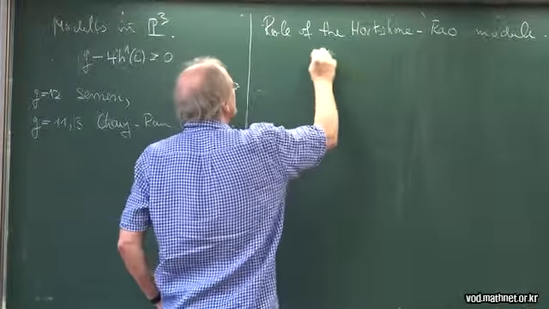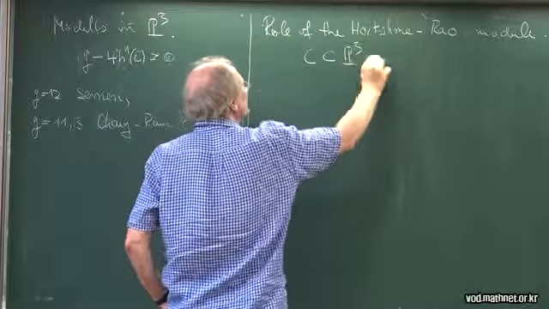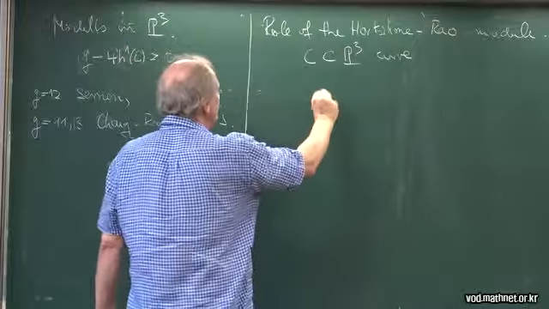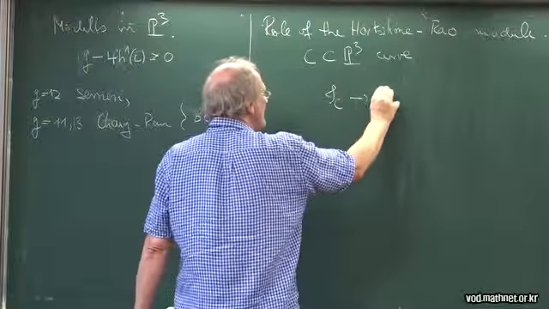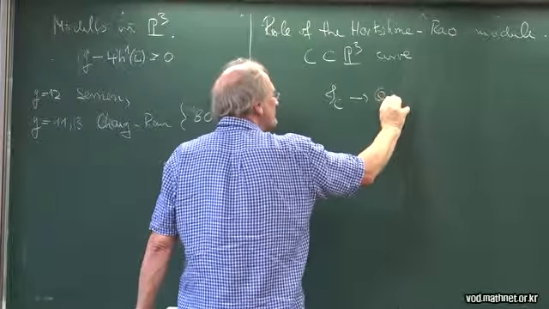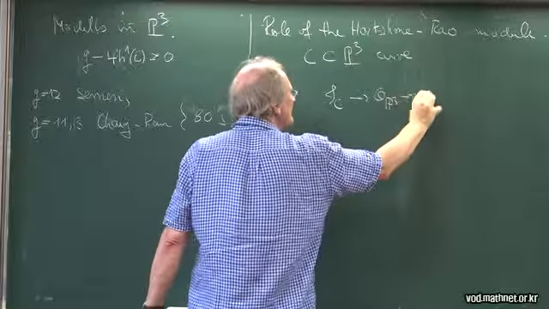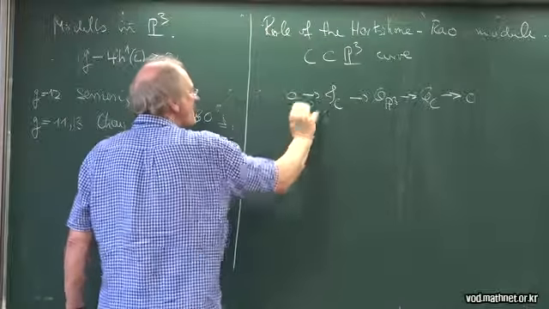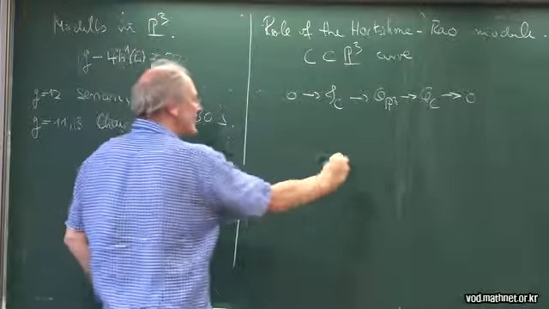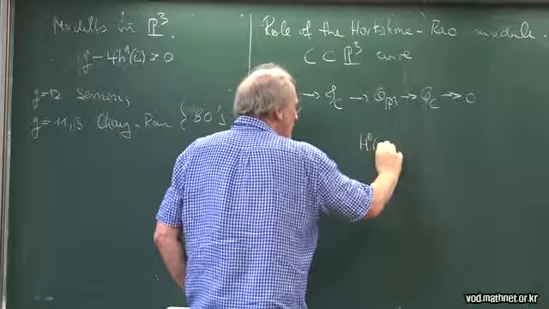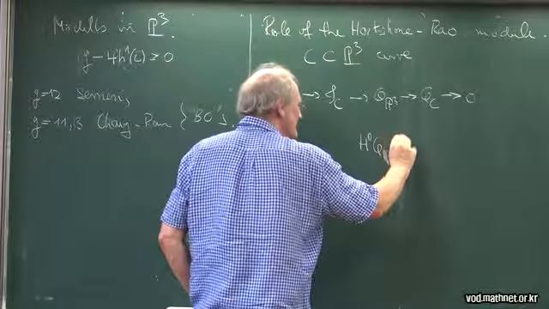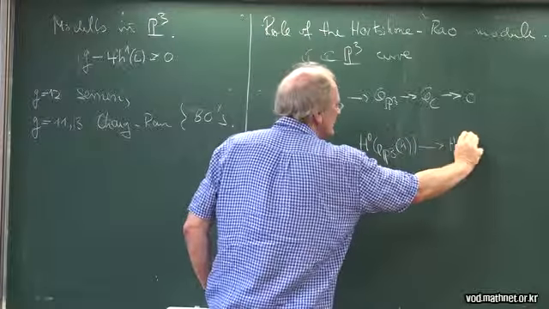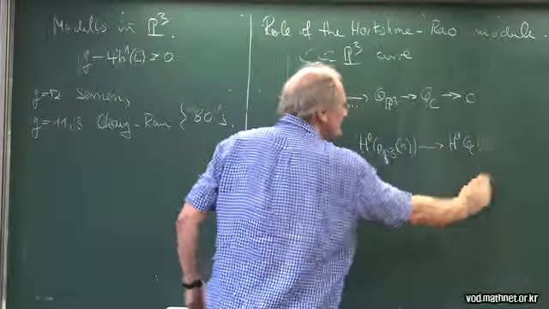So if C in P3 is a curve, we have the ideal sheaf of C, O of projective space, and O of C. And on global sections we get H0 of O P3 twisted by n going to H0 of O C of n.